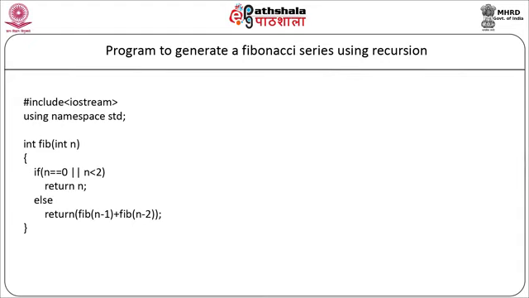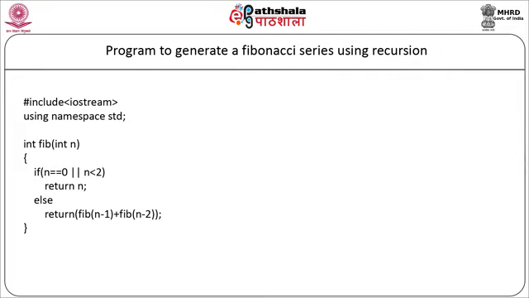So Fibonacci series is nothing but the addition of two previous numbers. That is why our return call has come as Fibonacci of n minus 1 plus Fibonacci of n minus 2. So previous two numbers are added and that is returned using the function.